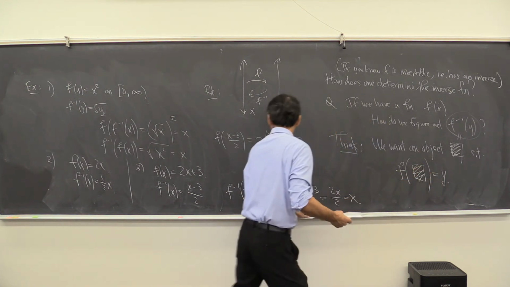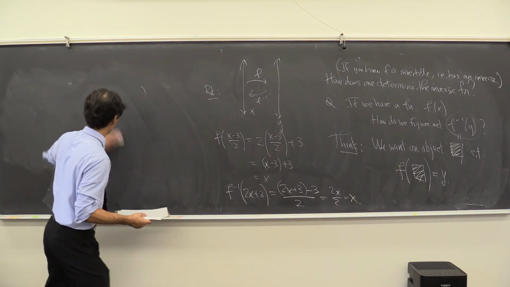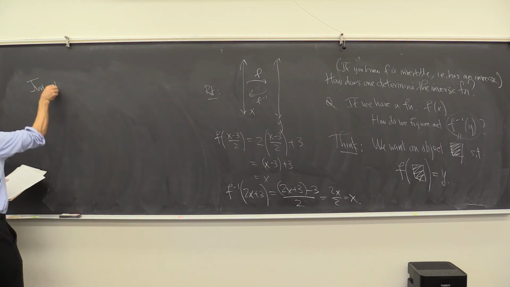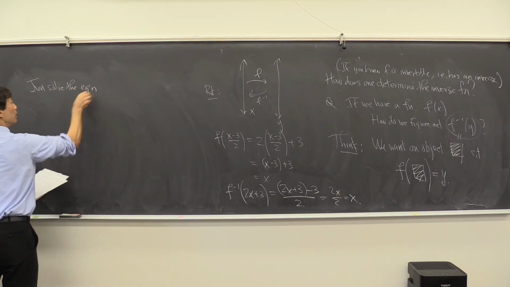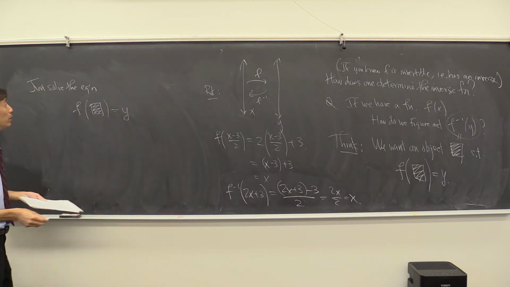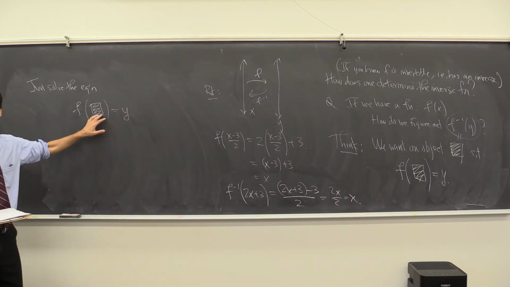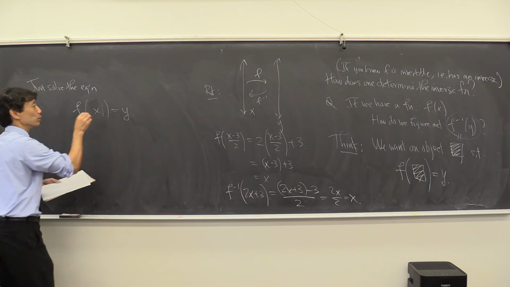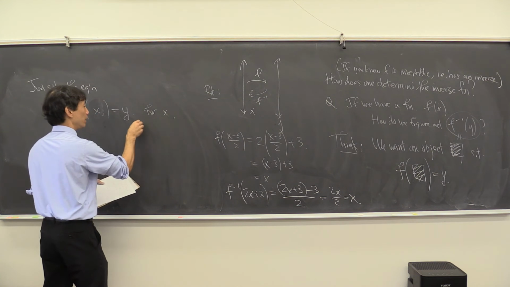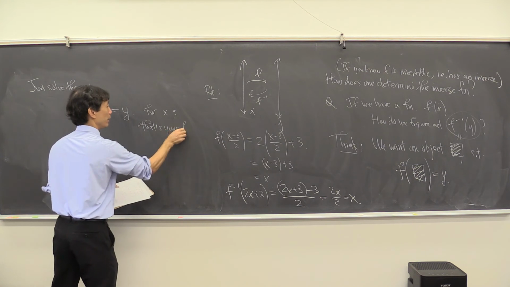So how do you do that? Actually, we know how to do that. We just solve the equation f of blah equals y. Solve for blah. And actually, I probably didn't need to even use this box. I could just say solve the equation f of x equals y. Solve it for x. That's your f inverse of y.